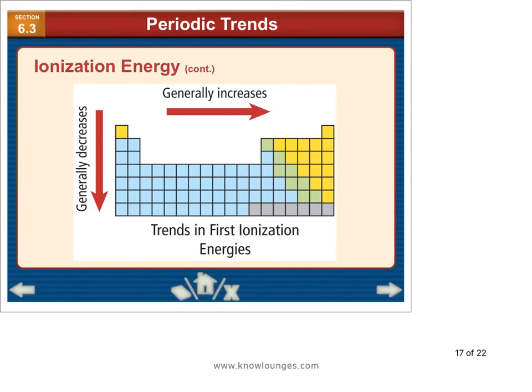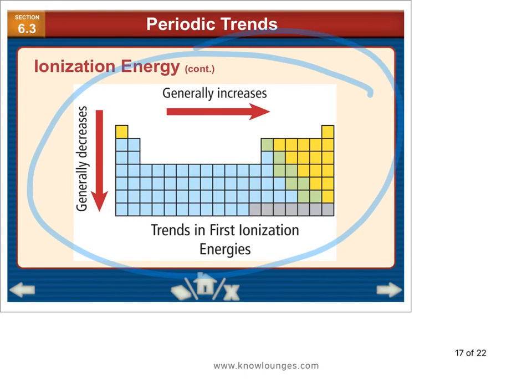So here's our chart illustrating the general trend of ionization energies. This is for first ionization energies. So it generally increases as we move left to right, and generally decreases as we move down.